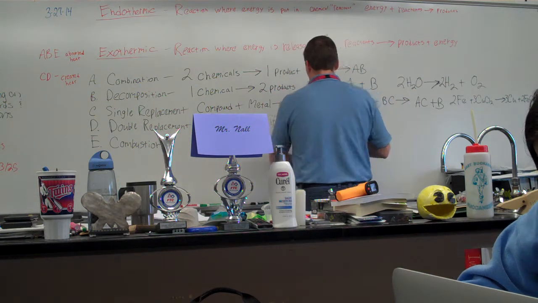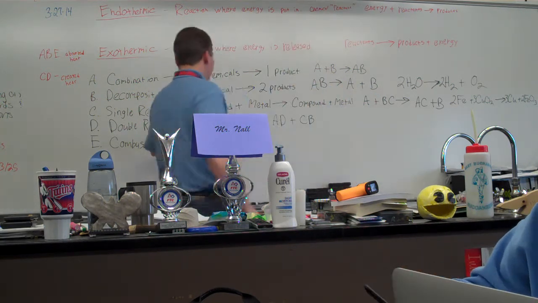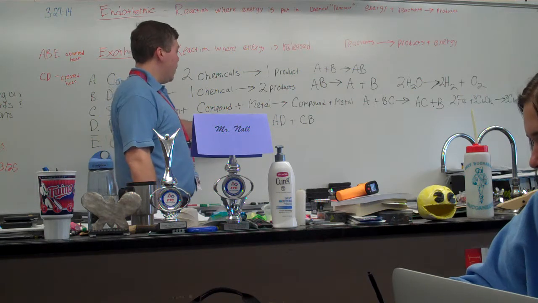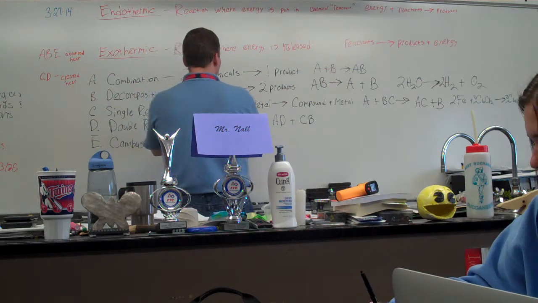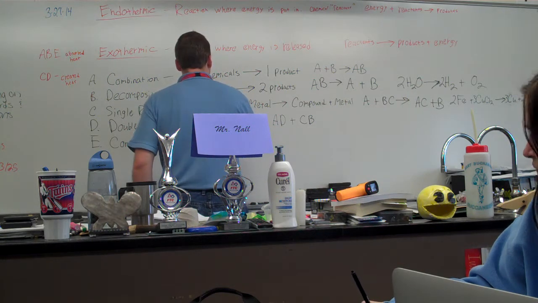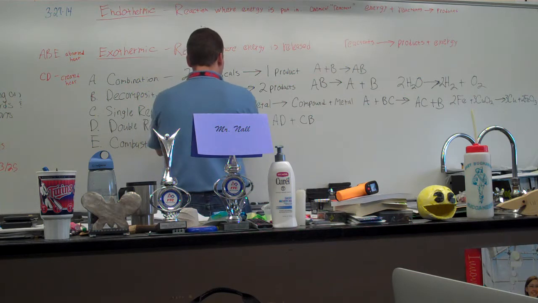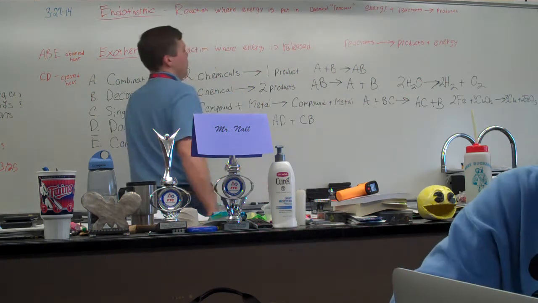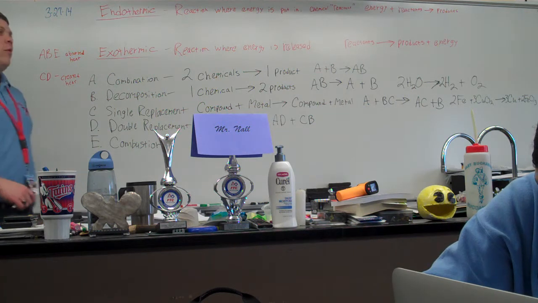So originally, let's say your compound is AB, you're reacting with CD. You'll get AD and CB. Remember, you always write your positive ion before your negative. So that's why I say AD, CB. So the ions are literally swapping places with one another.